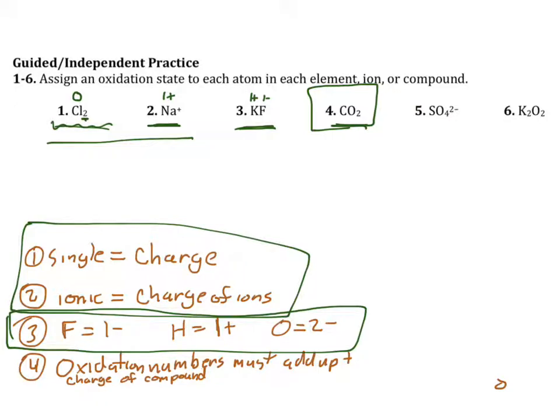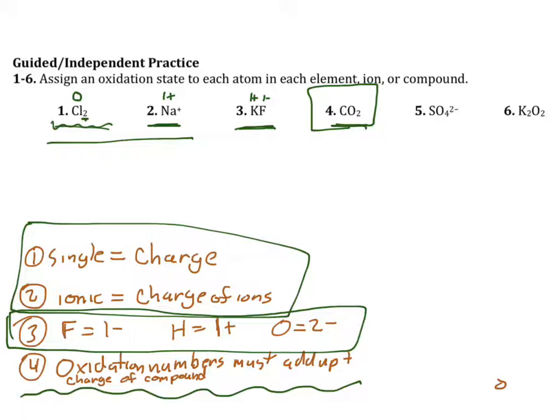Then you work backwards to figure out what the other oxidation number must be because of rule number 4. Rule number 4 says that the oxidation numbers of all of the elements must add up to the charge of the compound.